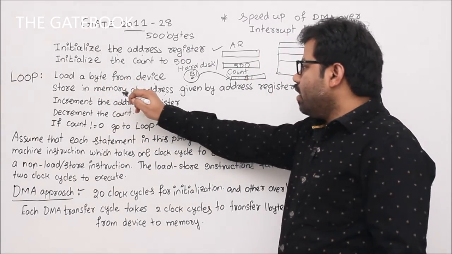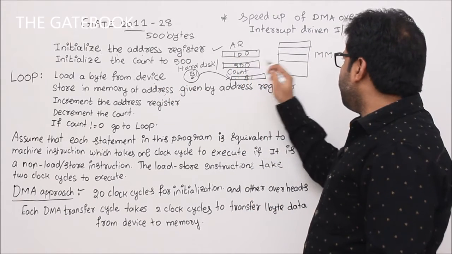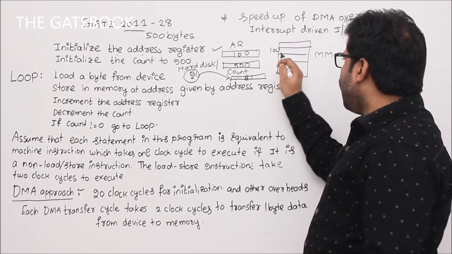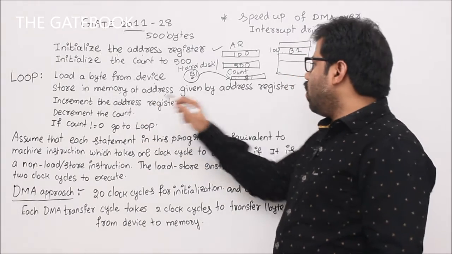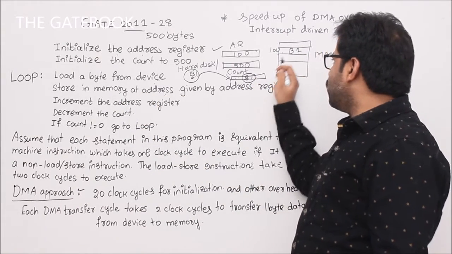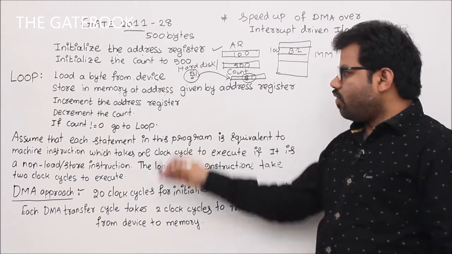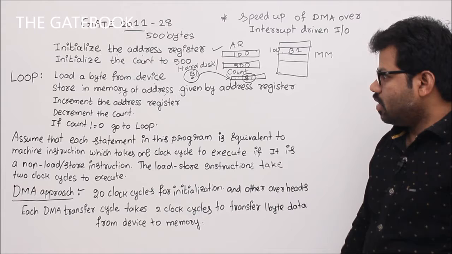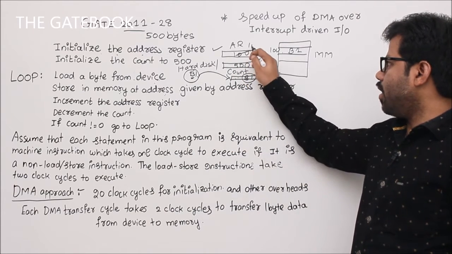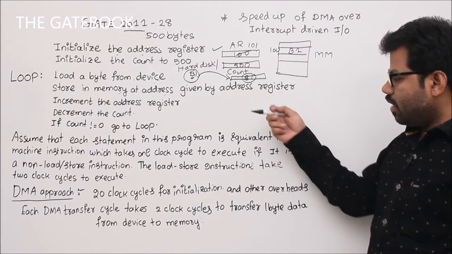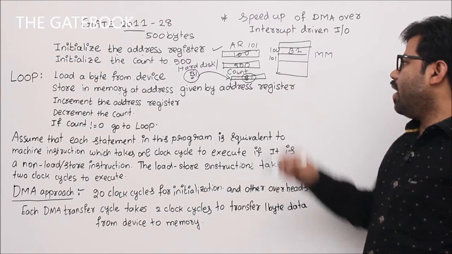Next, store it in memory at the address given by the address register. So this address register specifies one memory address and you go there and write that data. You see, because of this store instruction, the data which is at our CPU is now stored in location 100, right? This is the way data transfer is happening, with a lot of instructions. Next, increment the address register. Let us increment it to 101, because we are transferring bytes and since your machine is byte addressable, the next byte will be at 101.